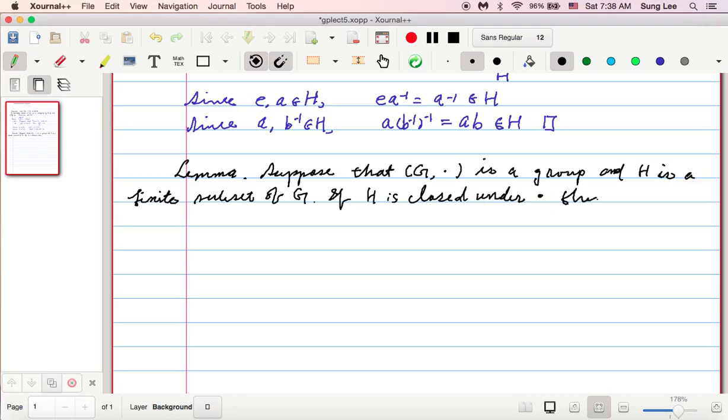Then H is a subgroup, right? That's the statement. So let us prove this.